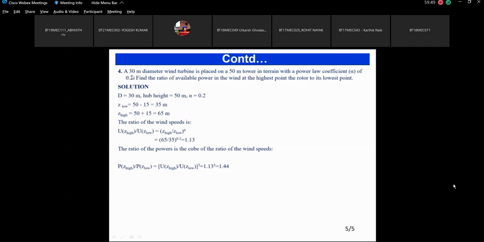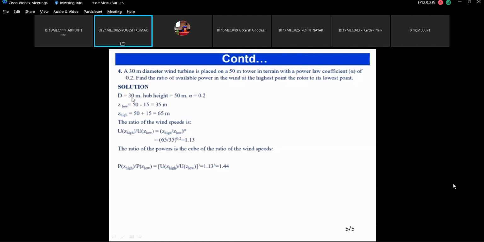So in this question, we have to determine the wind speed at the highest point of the rotor and its lowest point. Then we calculate the wind speed ratio and power ratio.